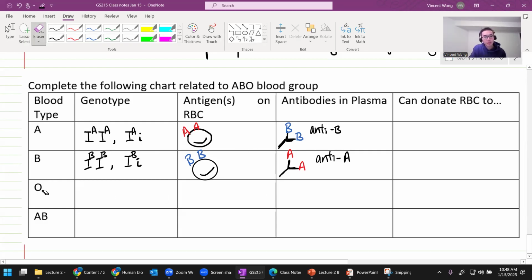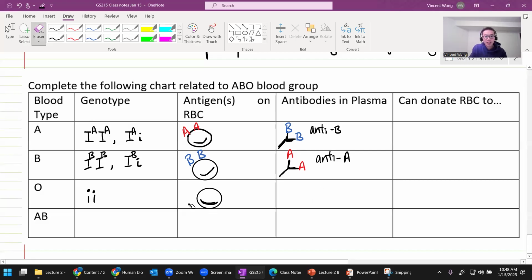Next one, for someone who's type O, there's only one way, which is little i, little i. And what do we draw on the surface of the red cell? What should I put on top? Nothing. That's right. Type O is no A, no B, nothing.